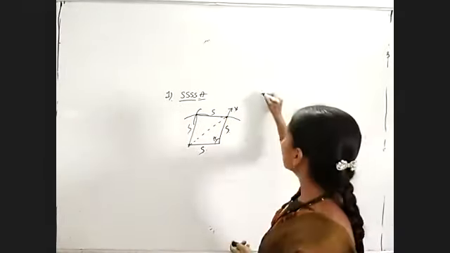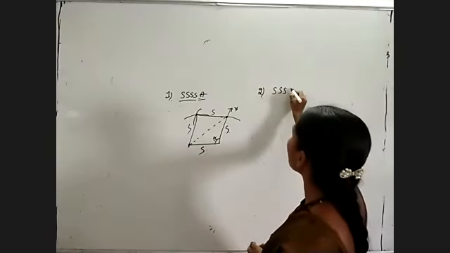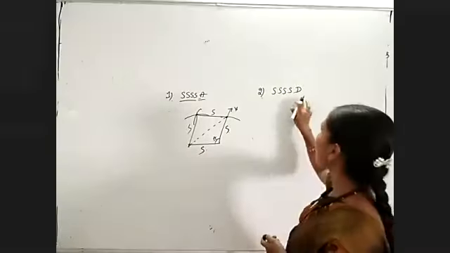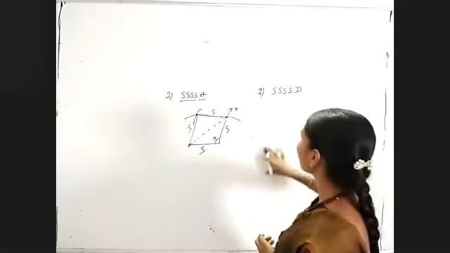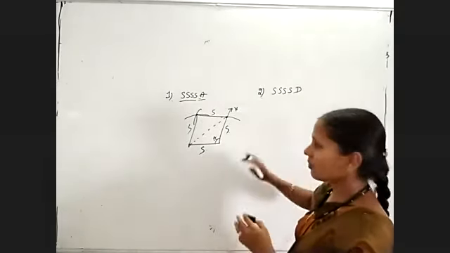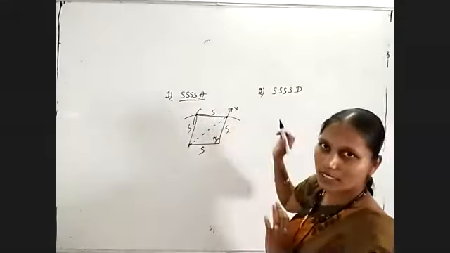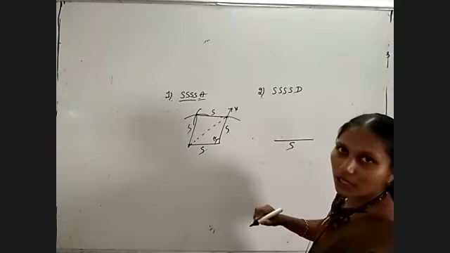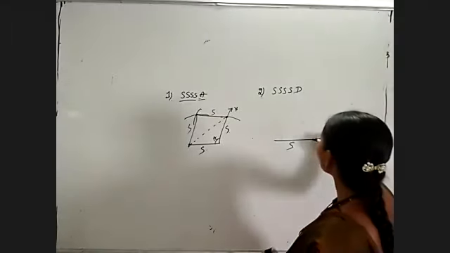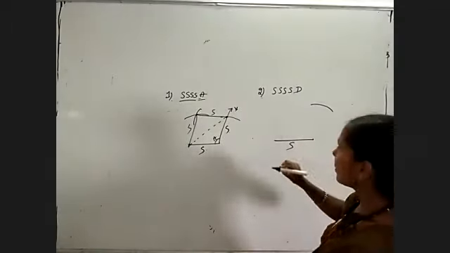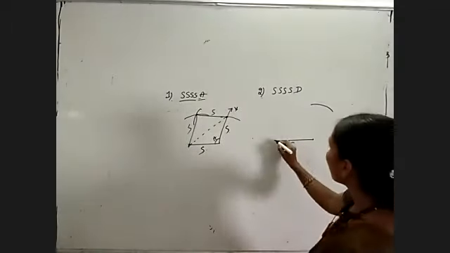Secondly, when 4 sides and a diagonal are given, the diagonal is also a line segment, joining opposite points. For this, we will use a side first of all, and here also we will use a side and draw an arc. From this point we will use another side, that is the diagonal. Side, diagonal and side: 3 sides only.